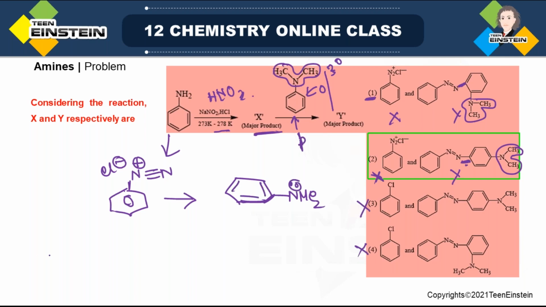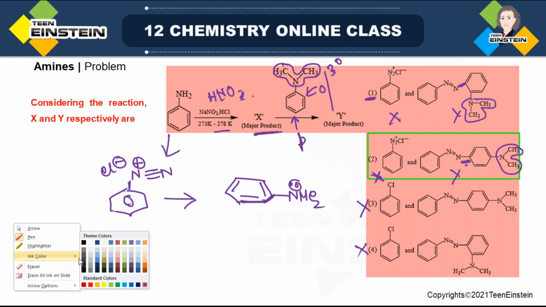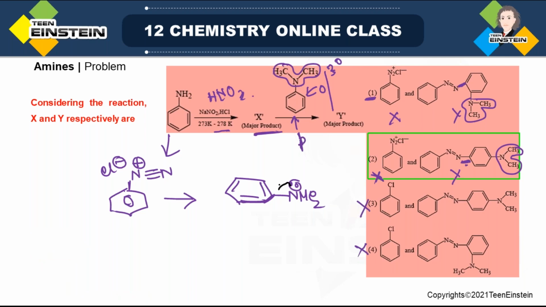This is the benzene ring. Now how will the reaction take place, if you want to see the mechanism. So this para position is now attacking and the other nitrogen is becoming neutral, right? So N double bond N. Now benzene ring aromaticity is lost.